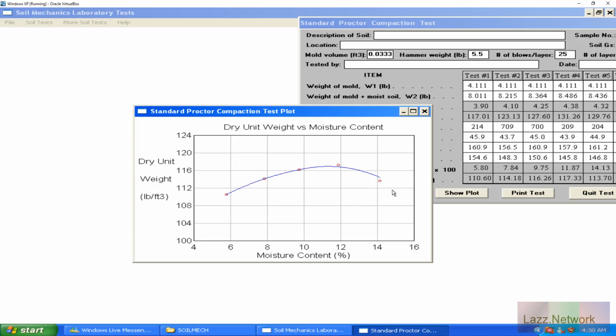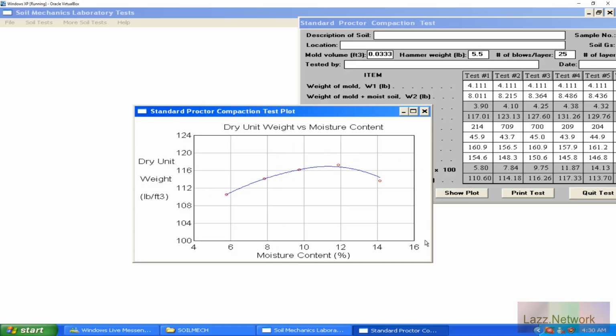But for laboratory software, it'll do a best fit curve because your curve needs to be a bell-shaped curve of some sort. It can't be anything weird. If it's anything weird, then you need to rerun a point, or maybe rerun the sample. You don't want your curve off the scale shown here. If we have points so jagged that they went up and down off the scale, you can't really report that.